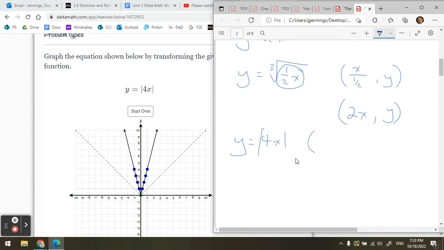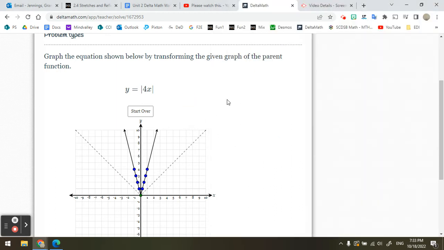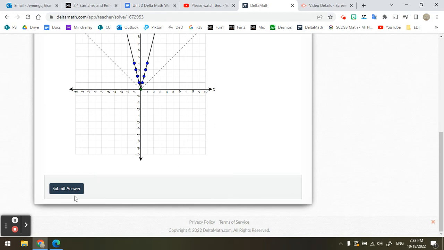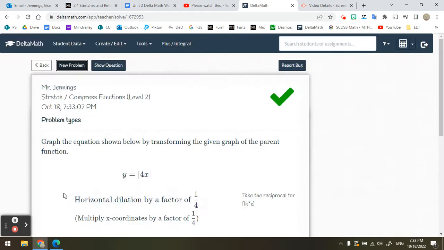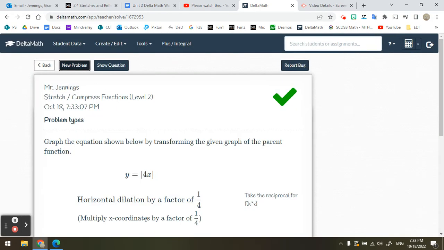So that means our transformation point is (x over 4, y). So you just take your x values and squeeze them towards the y-axis by a factor of 4. Okay, k values divide x's, a values multiply y's. Submit. Yes. Yay. Horizontal dilation by a factor of 1/4.